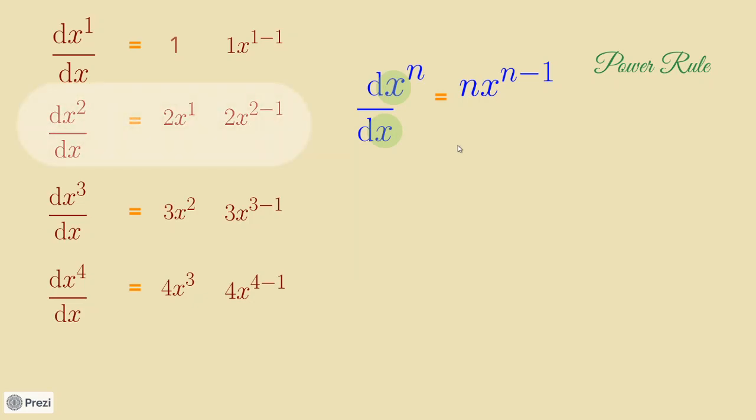Now I would like to show you a visual proof of how the differential of x square is exactly 2x. Please give me your undivided attention to understand this. Let me take a square with sides x.